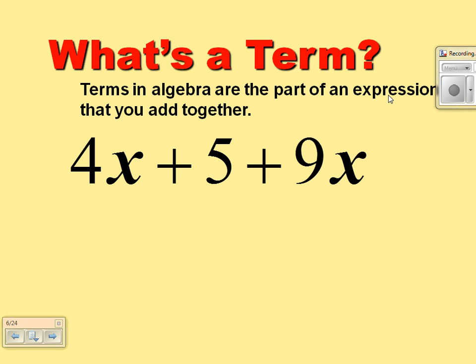So if you can count how many things you're adding here, that's how many terms we have. There's 4x plus 5 plus 9x. There are actually 3 terms here. 4x is one, 5 is another, 9x is your last one. You have 3 terms here.